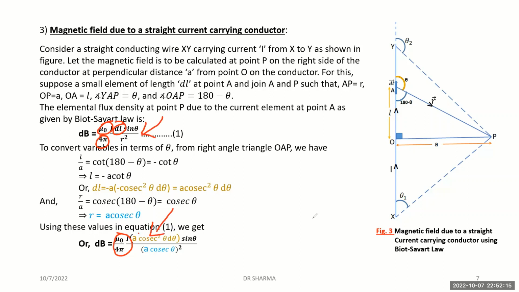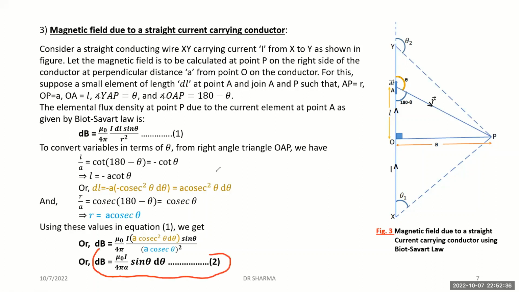Sin theta is the same here, and r is converted to a cosec theta. So now simplify this and get an expression with a single variable theta, such that you can integrate the equation to get the total magnetic field at point P due to the whole conducting wire XY.